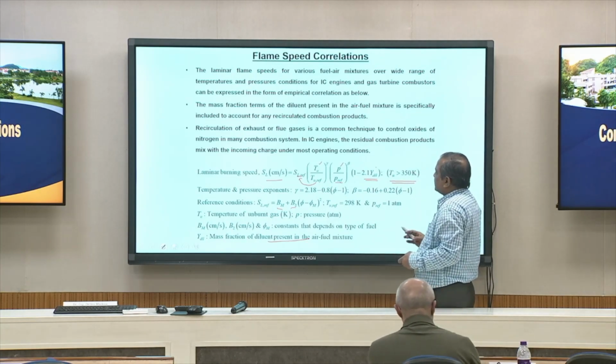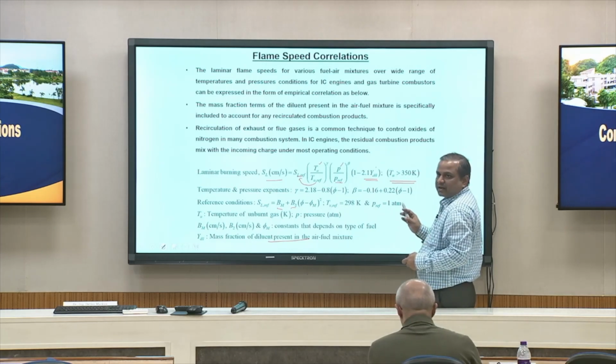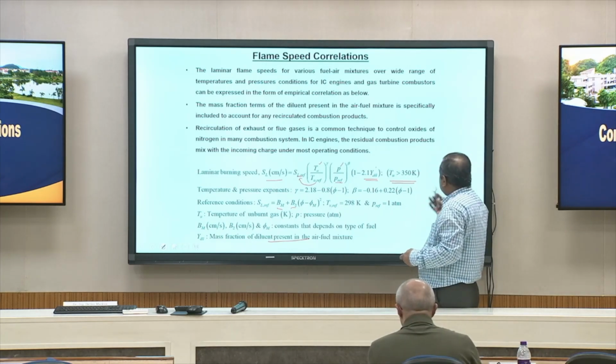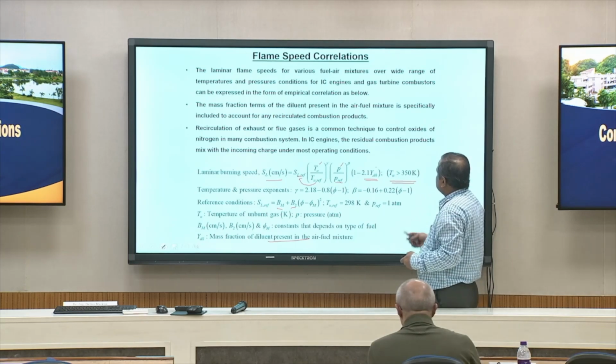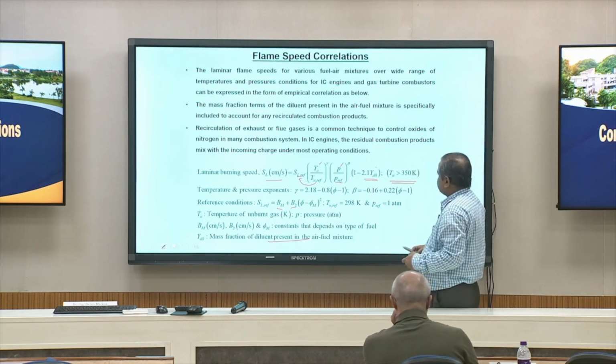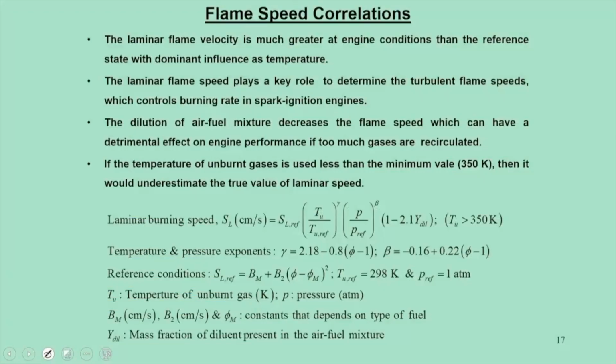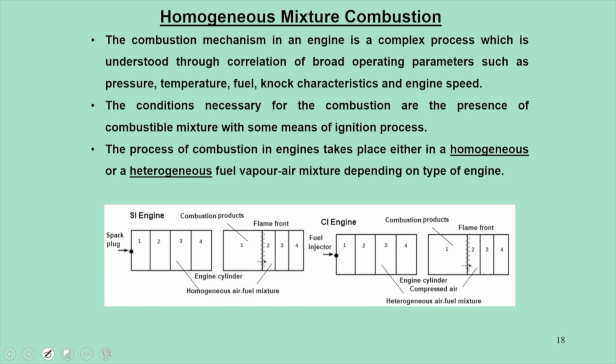This is the most standard relation that is followed as long as your temperature is higher than 350 Kelvin. So I have explained all these things. Now with this we will be able to get the laminar speed calculation, and once the flame moves, at least through this correlation we can find what the velocity is.